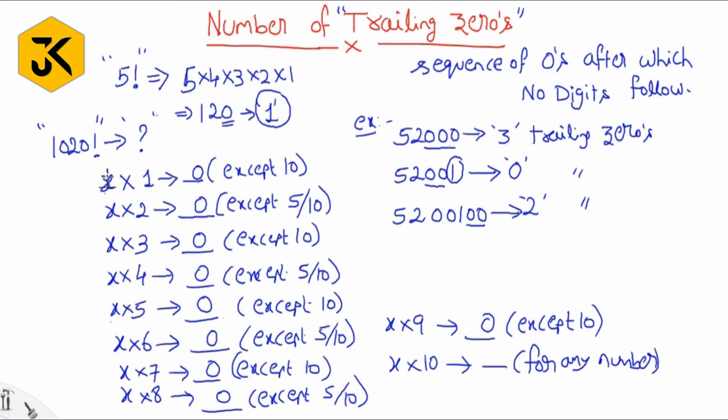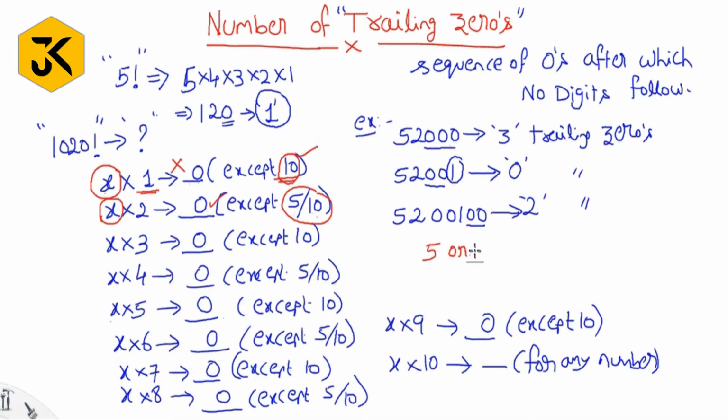What I am saying is, if you multiply a number x by 1, you won't get a trailing zero unless x is 10. Similarly, x has to be either 5 or 10 for you to get a trailing zero. Simply by looking, you get a trailing 0 as the end digit only for 10 or 5.